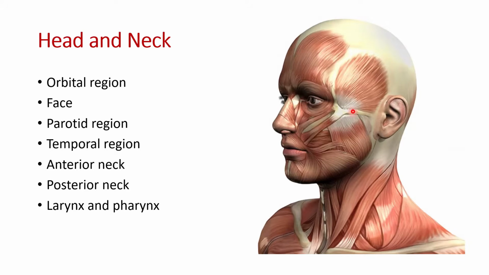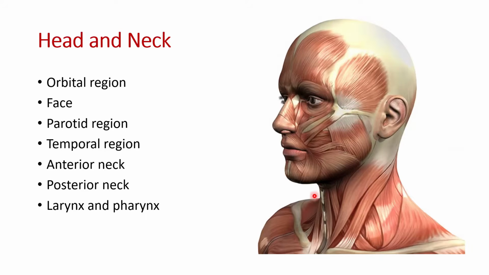Then you'll have the temporal region here. Then you'll have the oral region. The nasal region will be here. It will contain other regions such as the parotid region here.